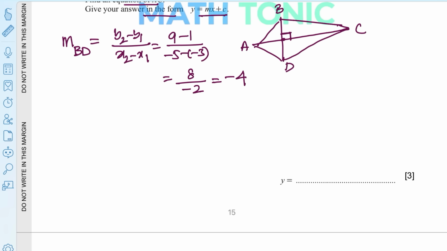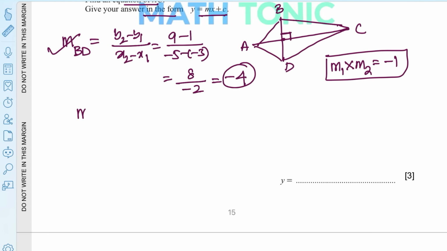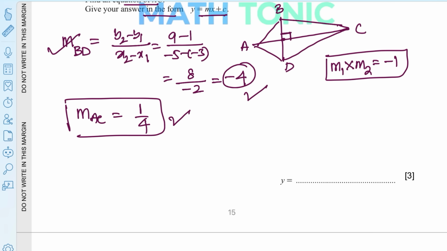Is it okay? And we know that if two lines are perpendicular, their gradients multiplied, m1 times m2, should be negative 1. Do you understand this? So the gradient of BD we got is minus 4, then the gradient of AC should be 1 over 4. Did you get it? Because the product should be negative 1, so change the sign and flip it.